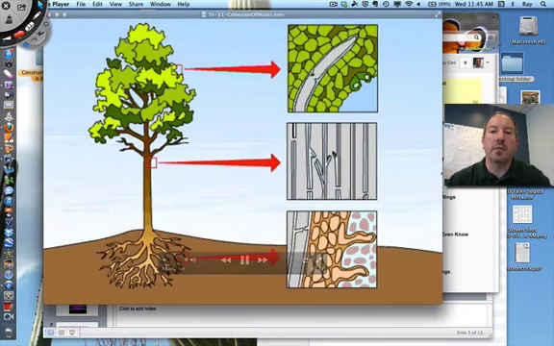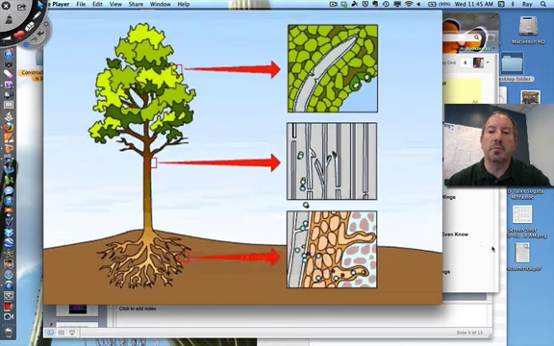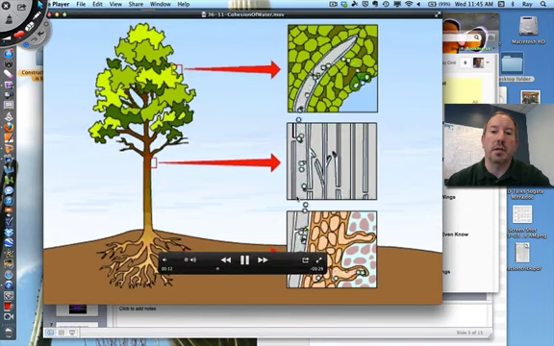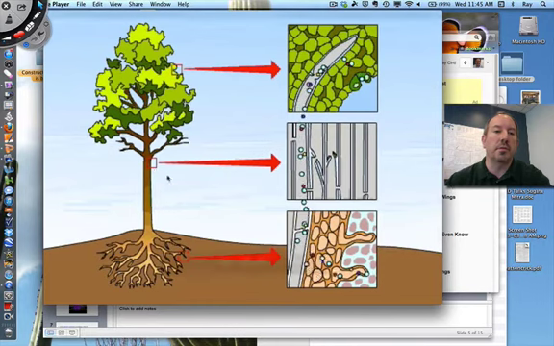Same sort of thing is happening here. You could see first water is entering down below in the root, and it's not only water, but dissolved minerals as well, and then that enters into the vascular tissue, and it's moving all the way up the tree.